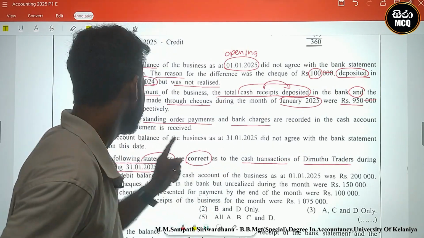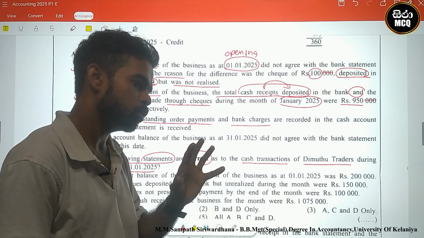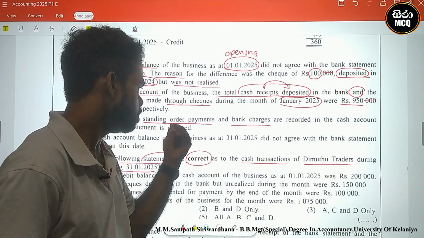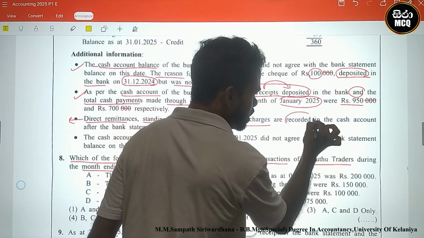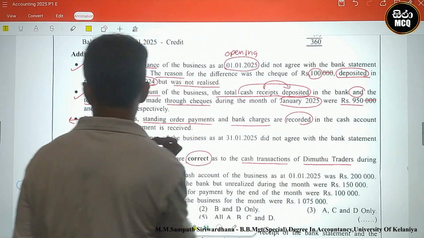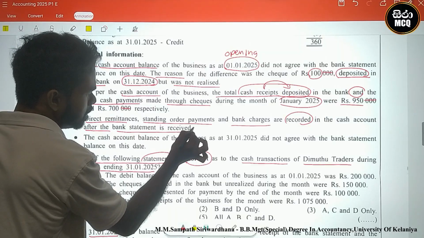Standing orders are payments, and there are so many of them. Bank charges are recorded in the cash account after the bank statement is received.